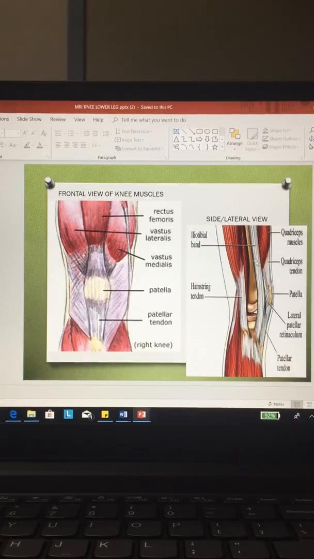That all makes sense? And here you can see how this quadriceps tendon comes down, and although it attaches to this patella, it also continues on and goes down into this patellar tendon, which then attaches to the tibial tuberosity, which is anterior to the tibial bone.